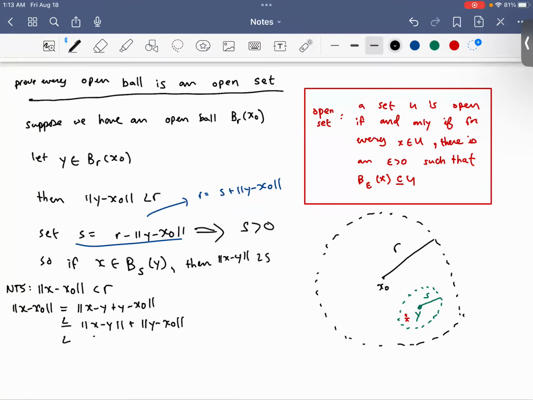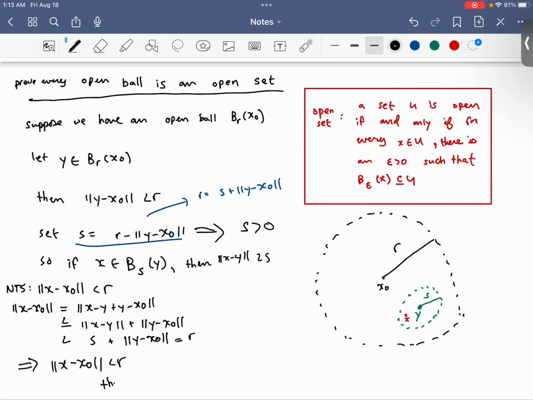So we have less than s plus the distance between y and x naught, which is equal to r. So there we have it. We have that the distance between x and x naught is less than r.